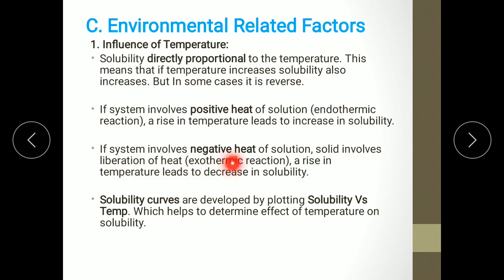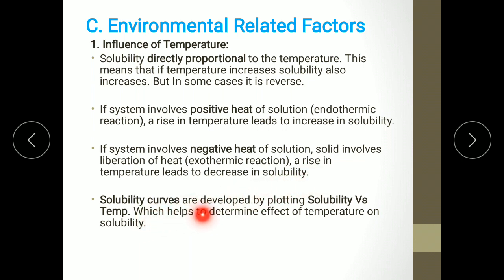If a system involves negative heat of solution, means the solute involves liberation of heat, whatever solute is present in a solution liberates heat, means an exothermic reaction, a rise in temperature leads to a decrease in solubility.